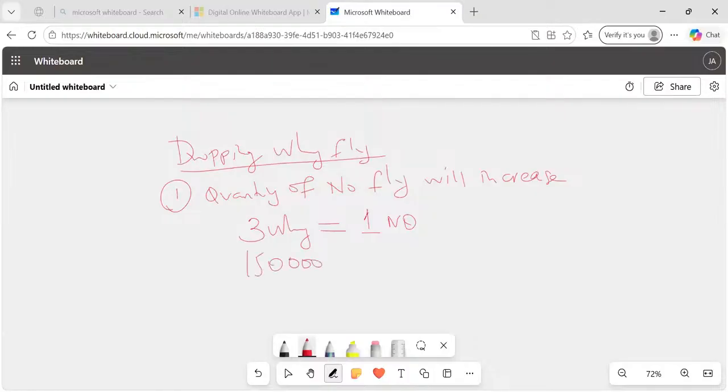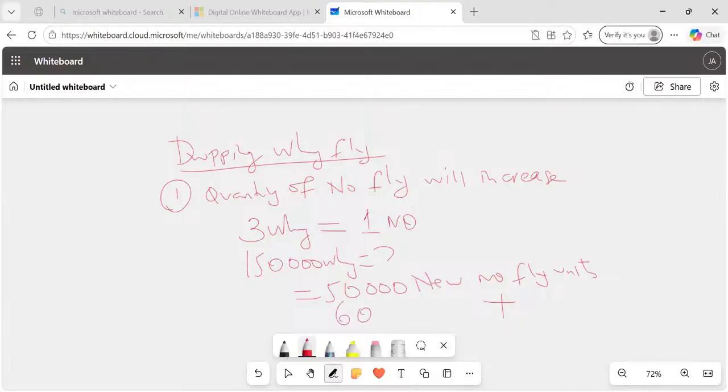The 150,000 Y should be able to give us how many no-fly units? We cross-multiplied 150 times 1 divided by 3. We got 50,000 new no-fly units here. And then we added its old stock. Remember, no-fly old stock was 60,000.